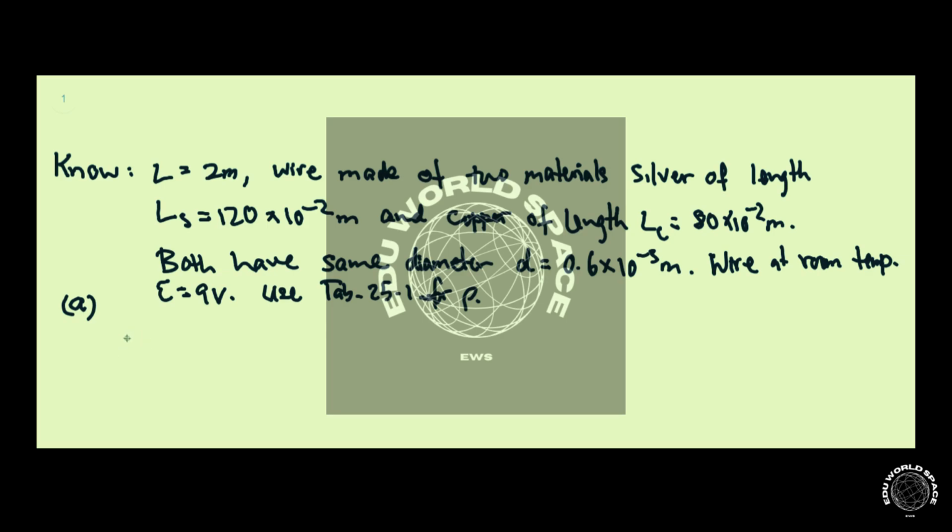Well, this is like a circuit with two resistors in series, so the total current that's flowing in the circuit is the same for both resistors. And the way we find this is by using V is equal to IR, right? Where R is the total resistance.